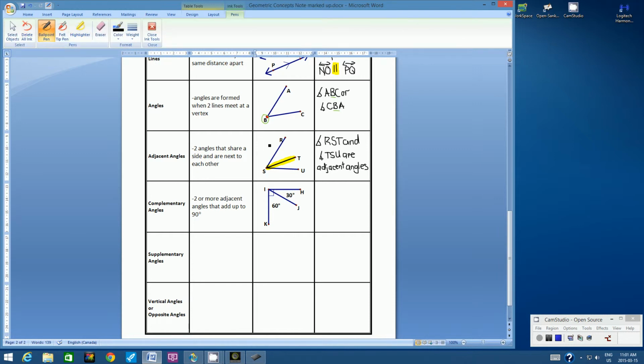Okay, so let's make a little note here. Angle HIJ and angle JIK equals, well, angle HIJ right here equals 30 degrees.